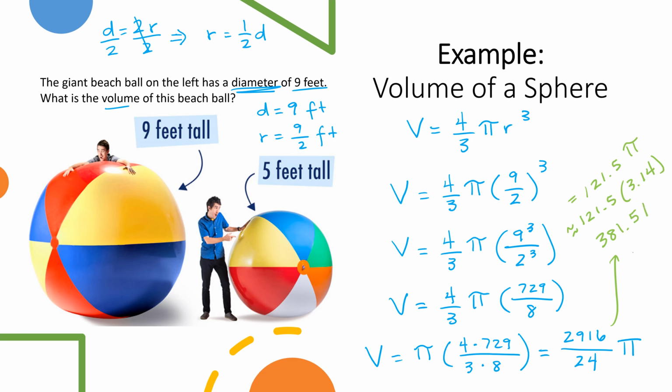And what is our units? Well, it's feet and it's volume, so that's 3-dimensional. So we have feet times feet times feet, which is feet cubed. So the volume of this giant beach ball is 381 51/100 cubic feet.